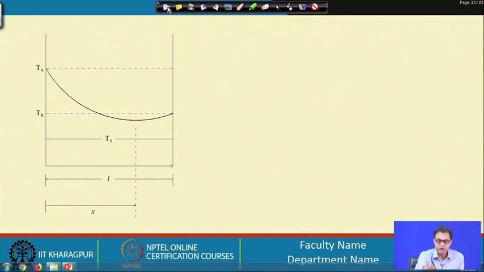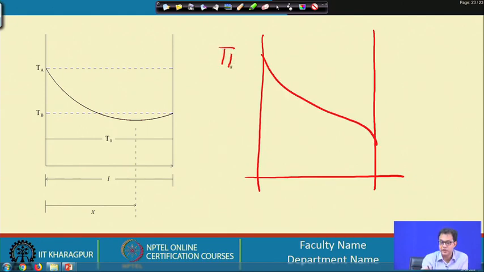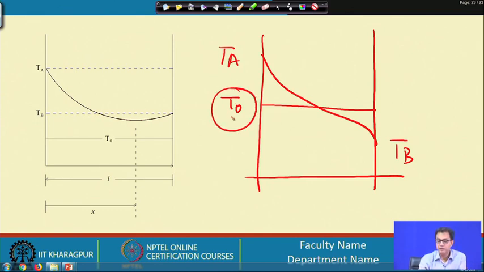Now there may be another situation where this is at Ta and this is at Tb, and the intermediate fluid, the convective fluid flowing over the fin, has a temperature T0 which is intermediate to Ta and Tb.